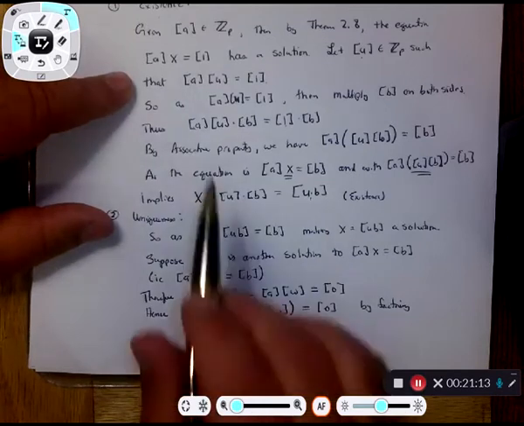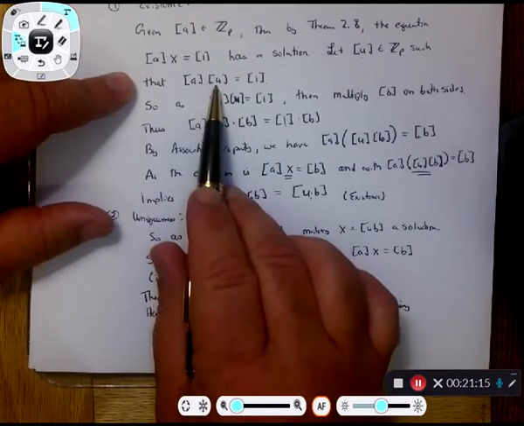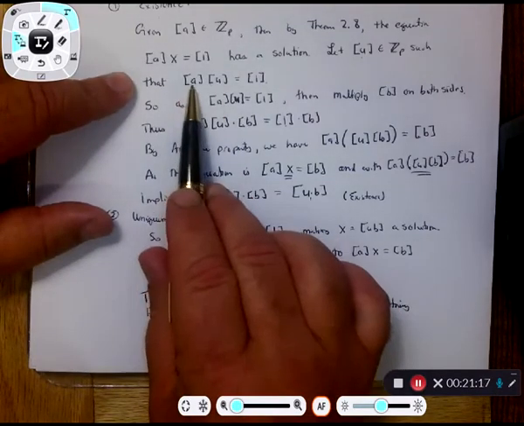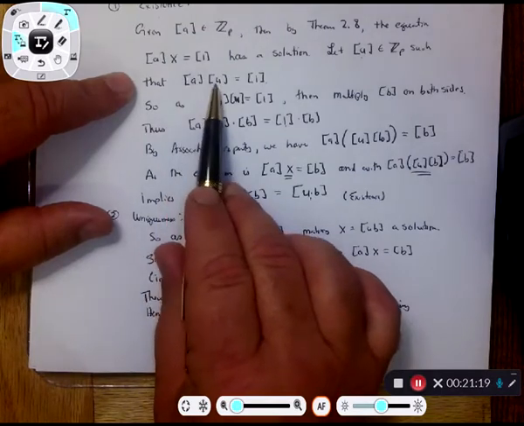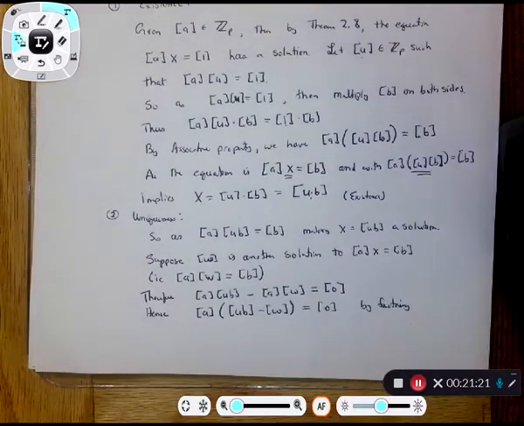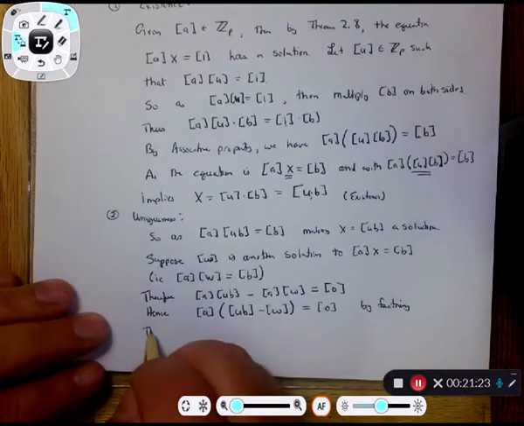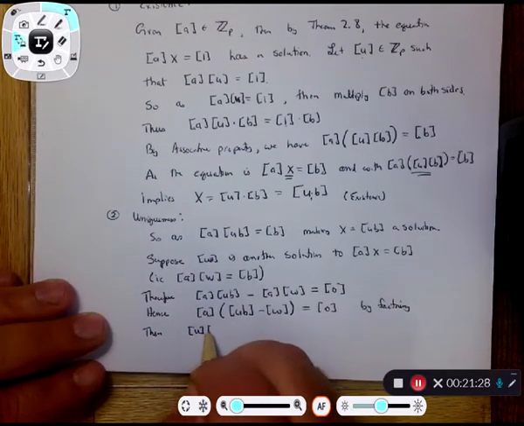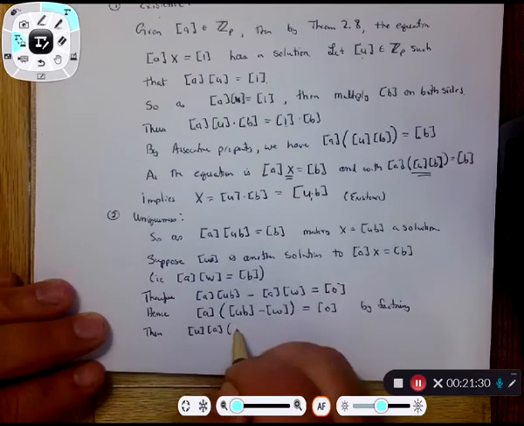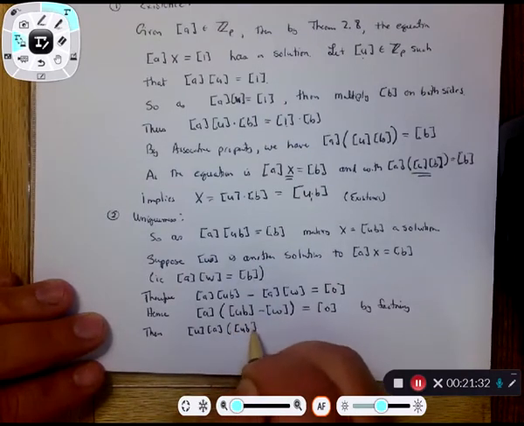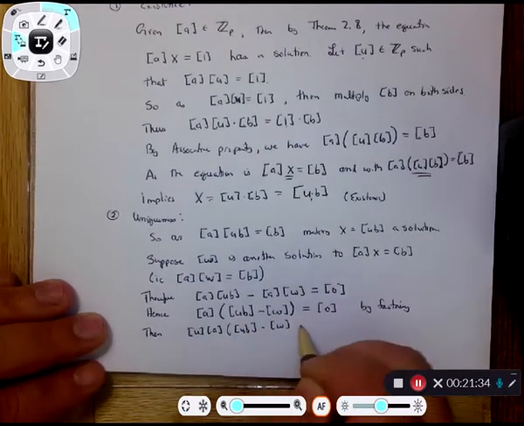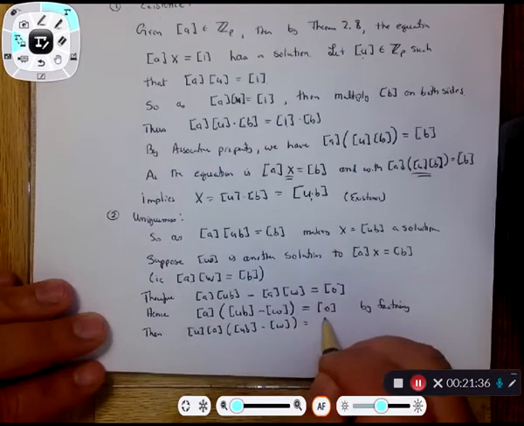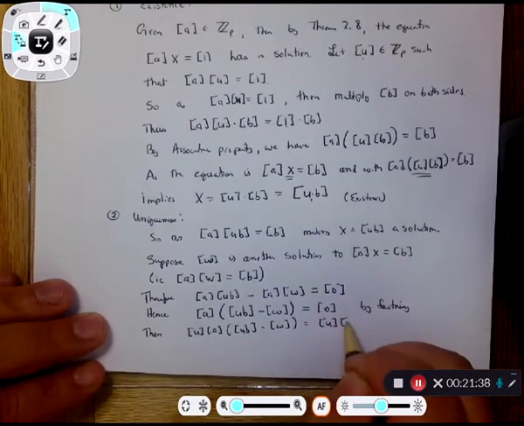But as U was the multiplicative inverse of A, A times U is equal to 1, then U times A times (UB minus W) is equal to U times 0.